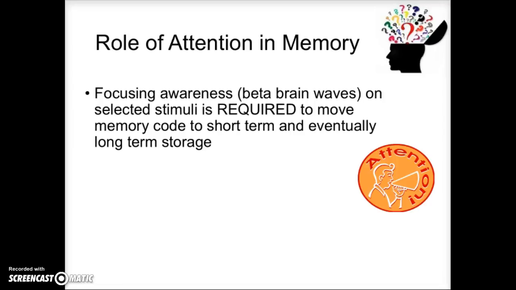And then there's relaxed, daydreamy brain waves called alpha. Well, it turns out that we have to have focused awareness, i.e. beta brain waves, on a selected stimulus in order to get that memory code to short-term memory, which is required to eventually get it into that long-term memory store.